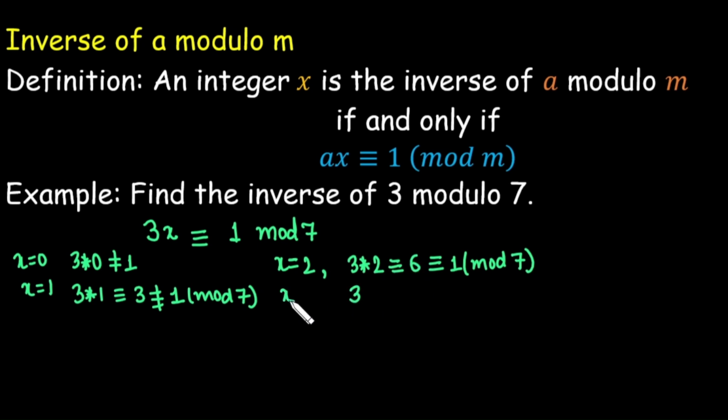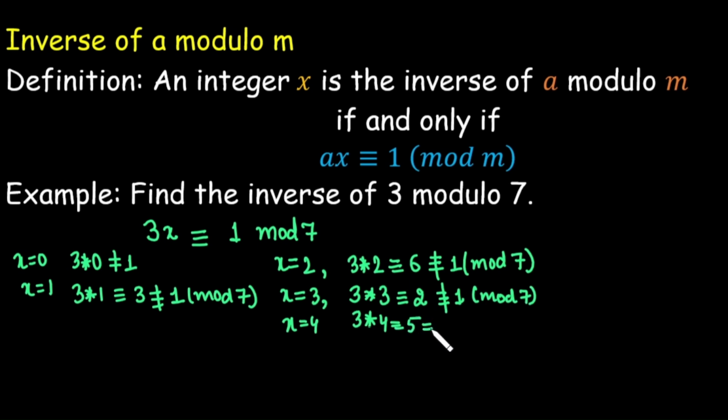If we take x equal to 3, 3 into 3 is 9, when divided by 7 the remainder is 2, and that remainder is not equal to 1. For x equal to 4, 3 into 4 is 12. 12 divided by 7 gives remainder 5, and in that case the remainder is not 1.